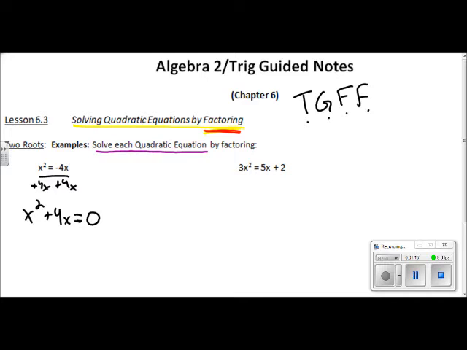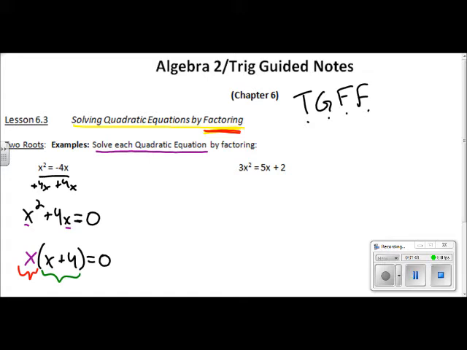First thing we want to recognize here is we have an x term in each of them that we can factor out. So if we take an x out of each of these, we're left with x times x plus 4 on the inside equals 0. Now we have essentially two numbers we're looking at: the monomial x on the outside, and the binomial x plus 4.